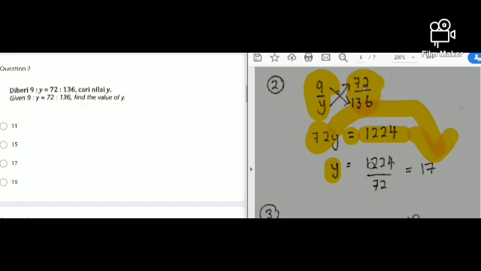That is why in this solution, it shows 1224 divided by 72. Multiplication, when it changes to the other side, will become division. So 1224 divided by 72, you will get 17. That is how you do cross multiply. So the answer is C, 17.